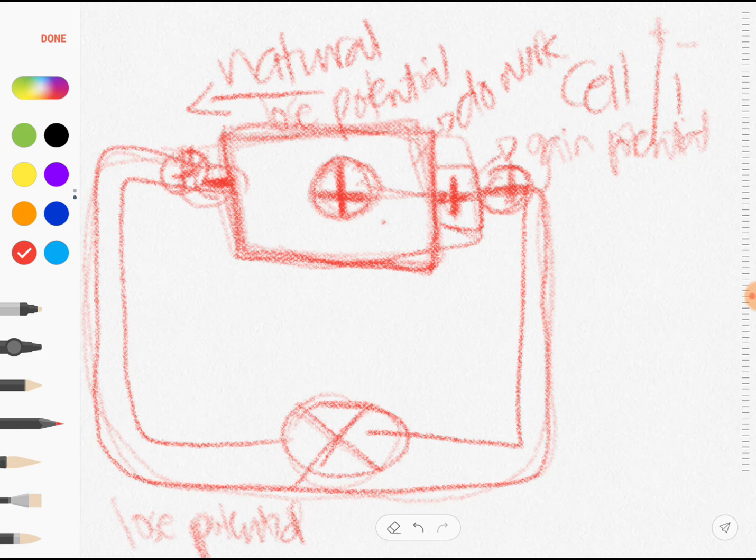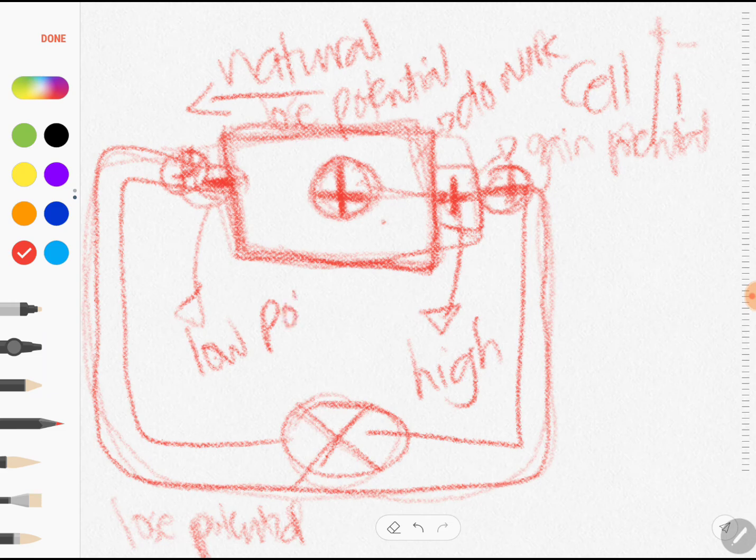Okay, so we say that this negative terminal is an area of low potential, and this positive terminal is an area of high potential. If there's low and there's high, we say that there is potential difference.